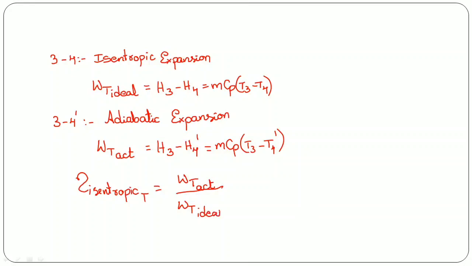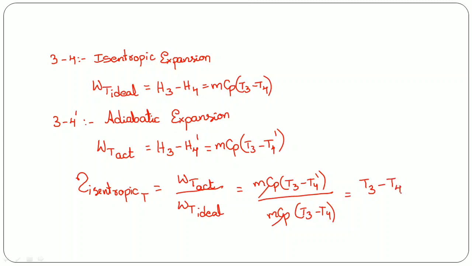So here we need to consider actual by ideal. The actual is mCp (T3 minus T4 dash) by mCp (T3 minus T4), which is the ideal condition. So these two will get cancelled. We can write this as (T3 minus T4 dash) by (T3 minus T4), or you can write this as (H3 minus H4 dash) by (H3 minus H4).